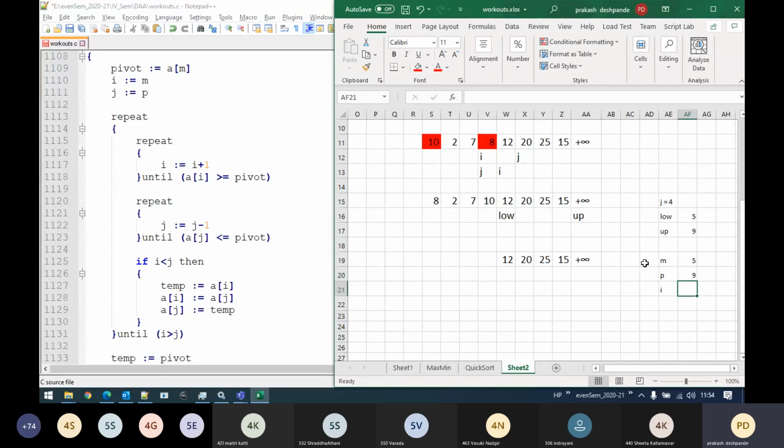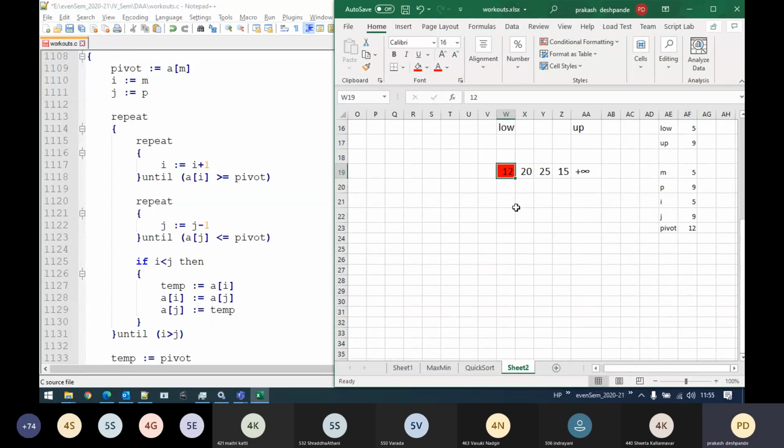I is 5 and j is 9. And the pivot is nothing but a of m. A of m means at fifth position the element, that is 12. So the new pivot is 12, and we have i over here and j over here.